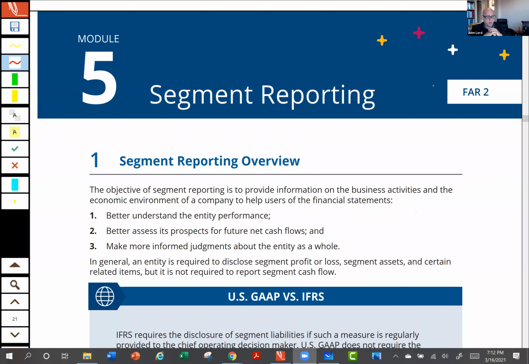And when you look at a company consolidated, you're taking different segments, maybe their Eastern segment, Western segment, their European division, their product A, product B division, and you're consolidating them into one big giant company, right? Now, what happens? Does the CEO look at the company that way? No, the CEO is going to have what? They're going to look at segment information so they can evaluate to what extent these different segments are contributing to contribution margin, to profitability of the company, whatever, right?